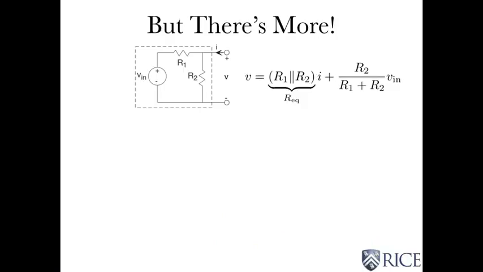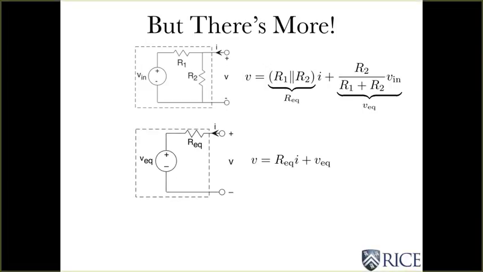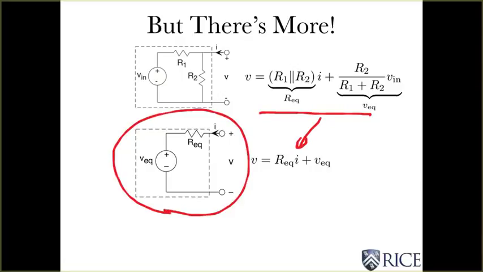I'm going to call that REQ, equivalent resistance. I'm going to call the second term VEQ, equivalent voltage. And I want to point out that something of this form, which can be written like that, is the same VI relationship that applies to this circuit. And of course the subscripts EQ here mean equivalent.